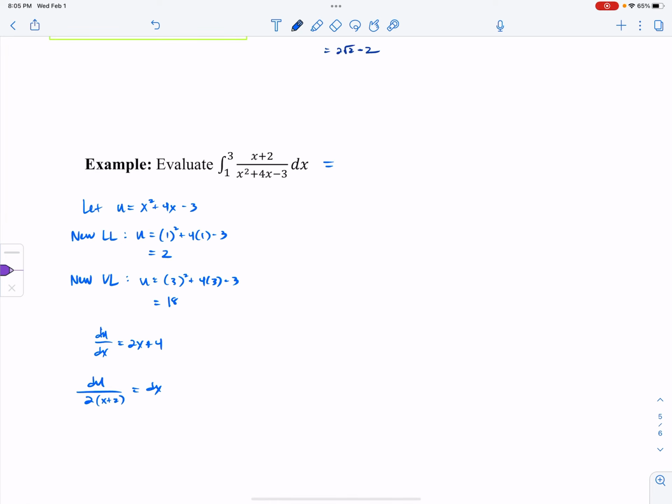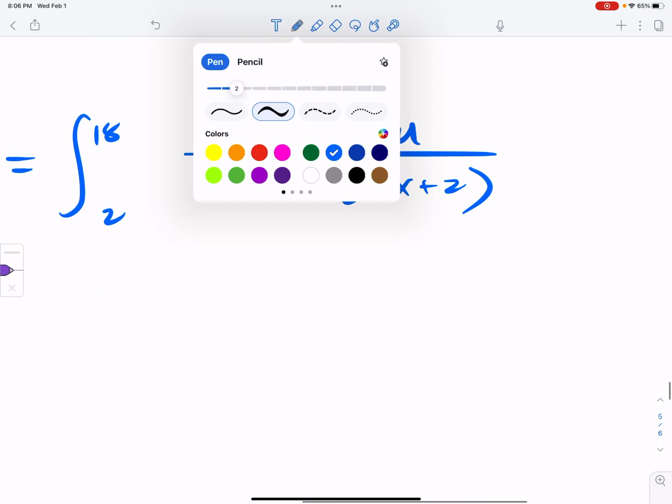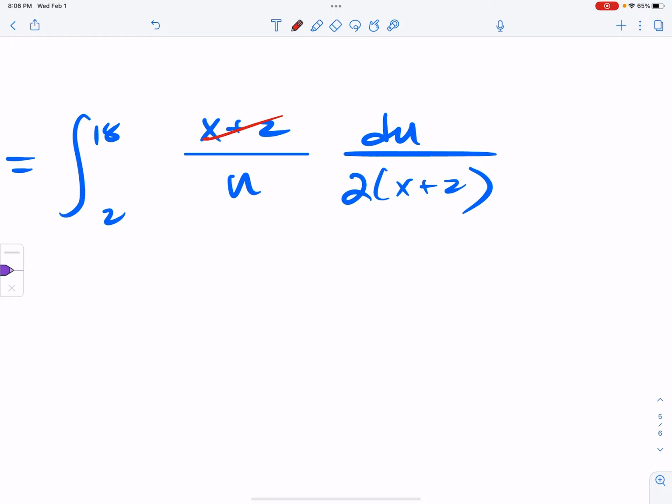So that when I come back over to rewrite the integral, which is now going to be from 2 to 18, that x plus 2, I can see, will cancel with the x plus 2 that's in the denominator here, right? This will cancel with this.